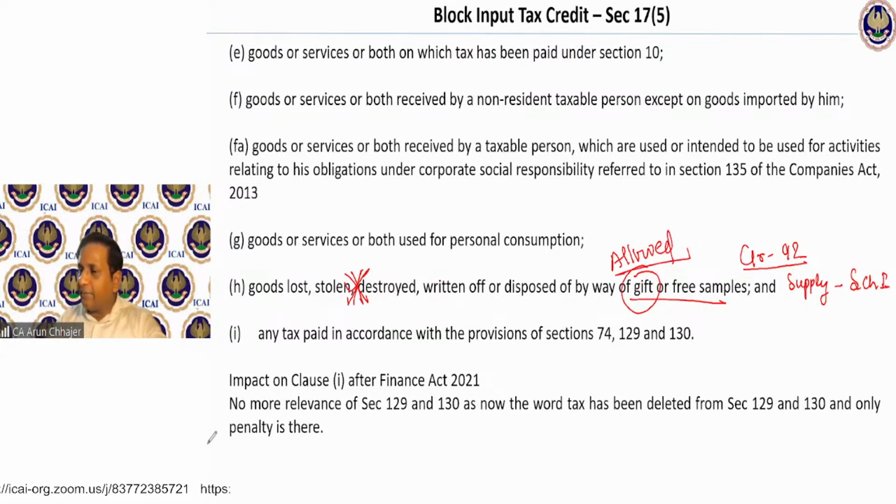Further, given the clarity on buy one get one free, buy more get more, in all these examples you can read Circular 92, but the concept is that if your outward supply becomes taxable because of composite supply, mixed supply, or Schedule 1, you are entitled to take ITC even if it is written in 17(5)(h).